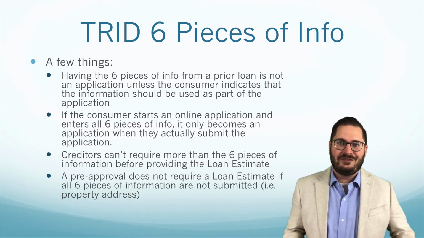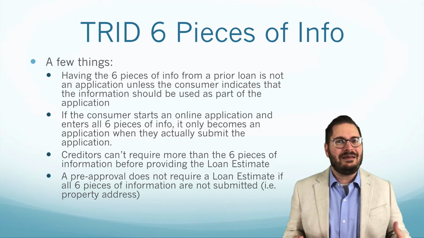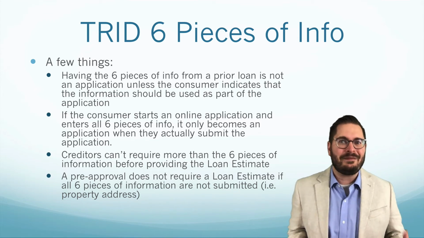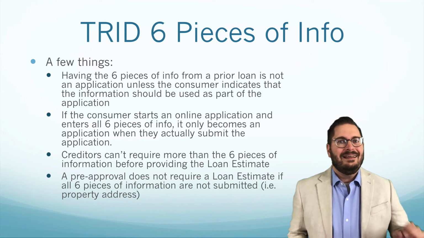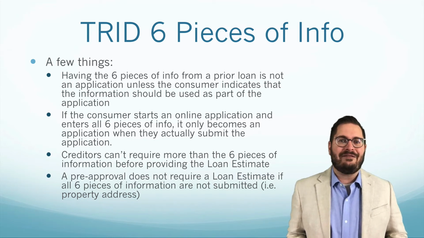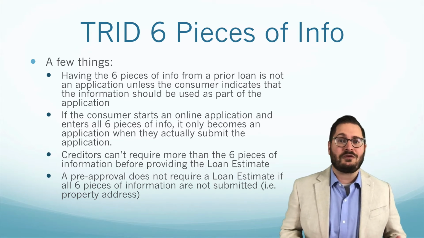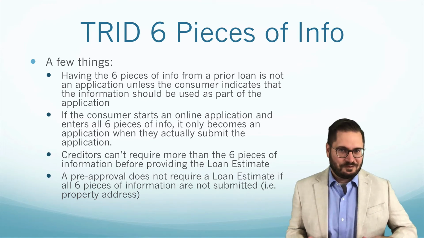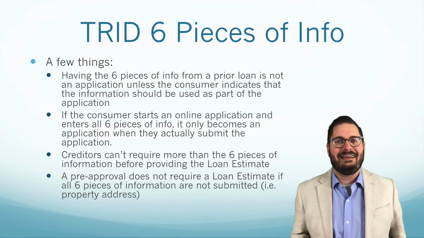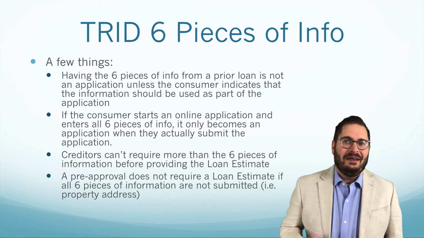So what item, or items, is typically missing from the application when you have a pre-approval? Well, it's usually the property address and then, of course, the value of the property. So that is exactly what we are missing.